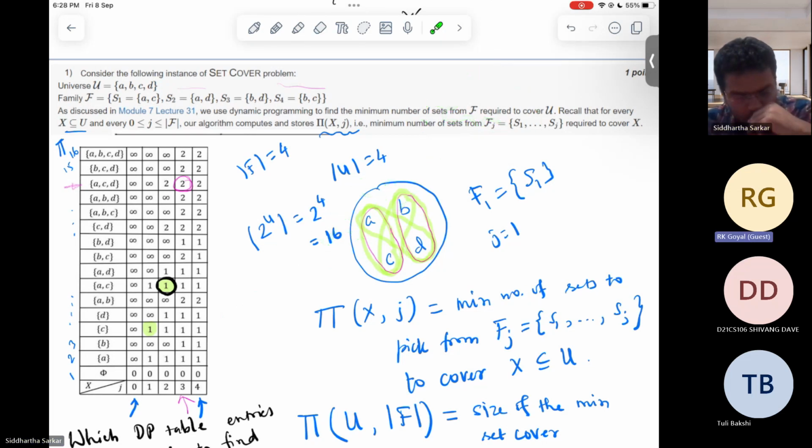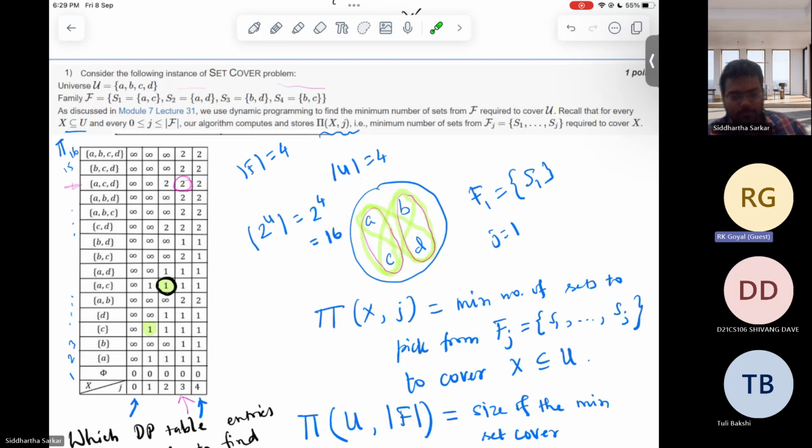If I take S3, what is the value then? 1 plus 1. Yes. So should I break the tie in favor of what? So there is no tie breaking involved, because the table is not asking which sets you are going to pick. The table is asking what is the number of sets you are going to pick. So both values are in fact corresponding to 2. So you can just populate this entry of the table as 2.